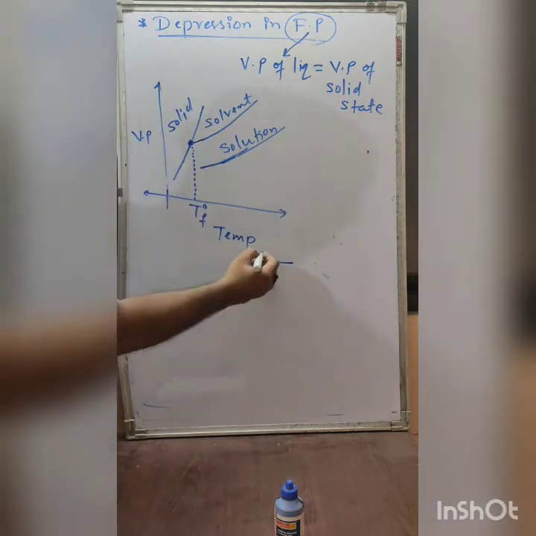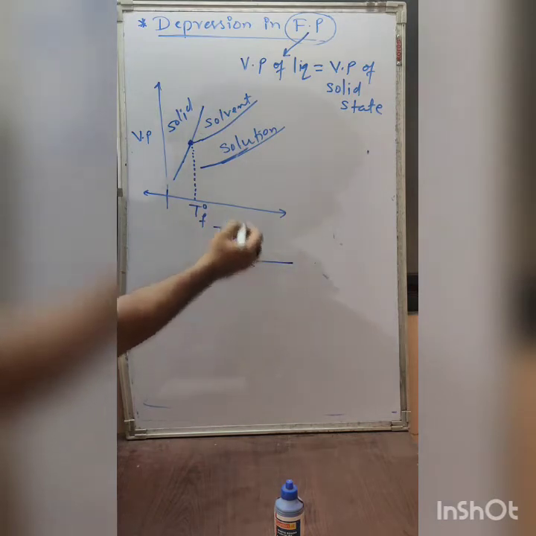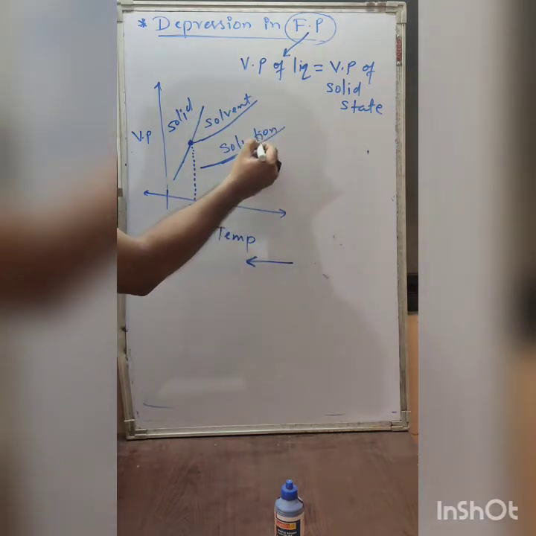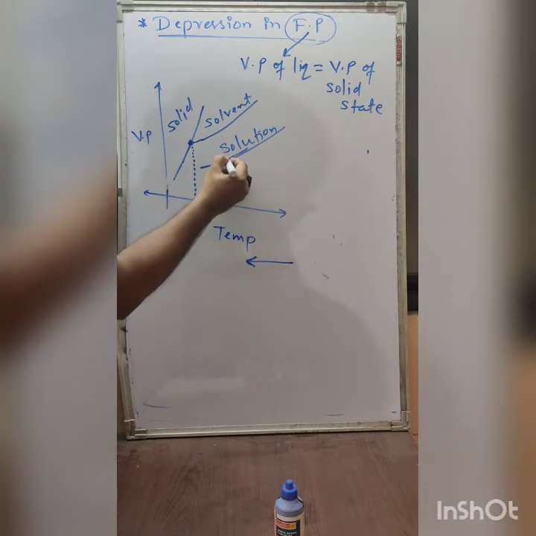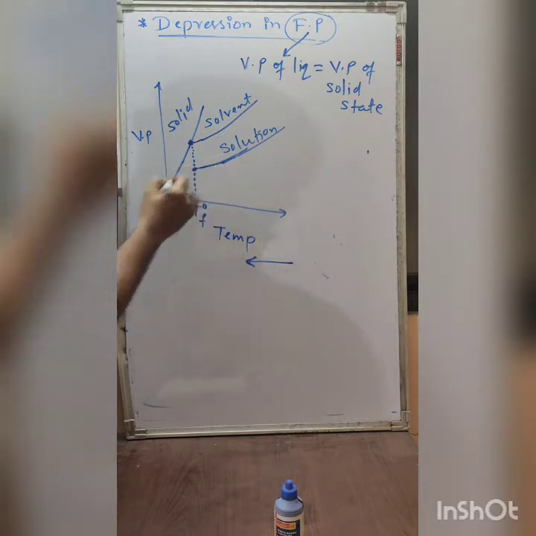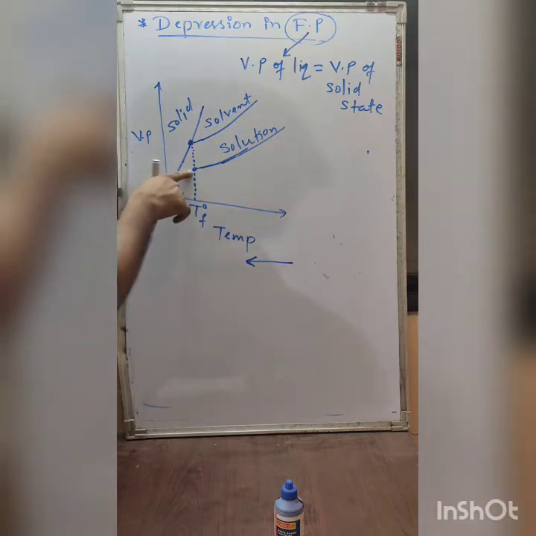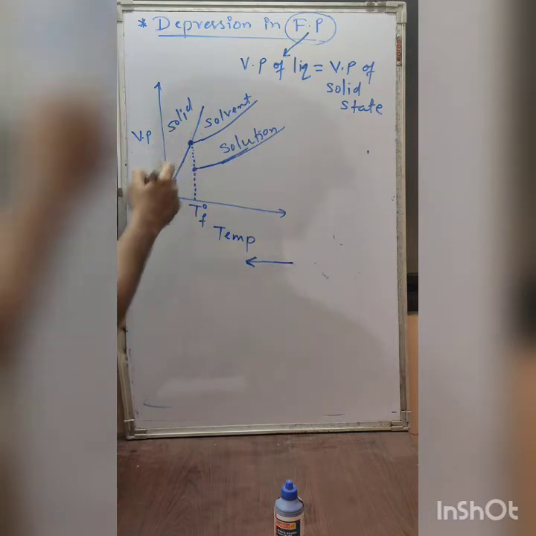What do we have to do? We have to decrease the temperature. When you decrease the temperature, the vapor pressure decreases. It goes on decreasing and comes to these points. But at this point, what is freezing here? The solvent is freezing here.